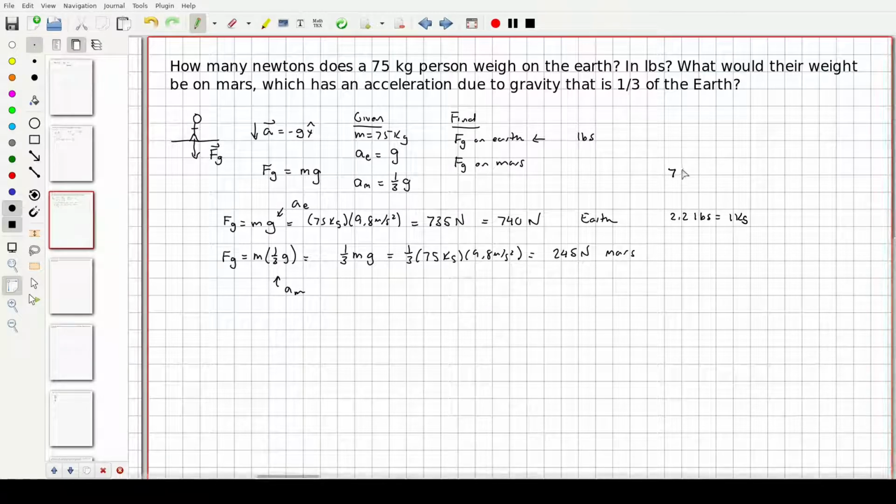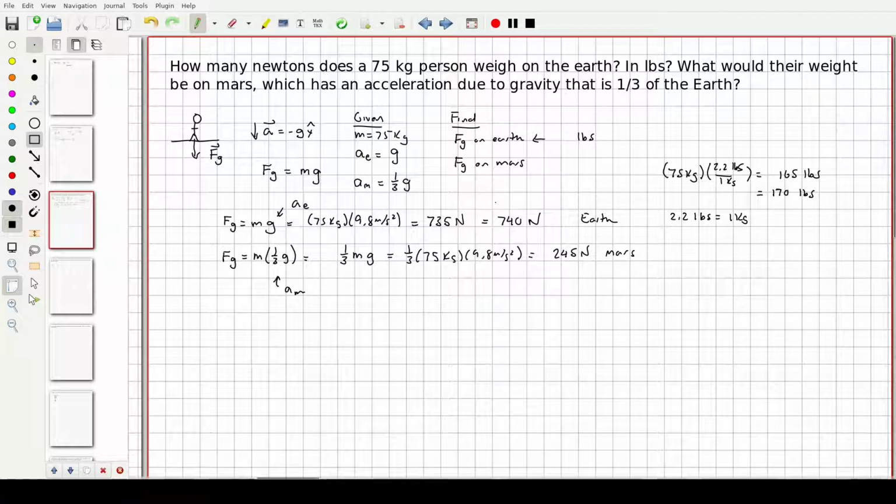So 75 kilograms here times 2.2 pounds per kilogram is equal to 165 pounds. Or, if you round to sig figs, 170 pounds.